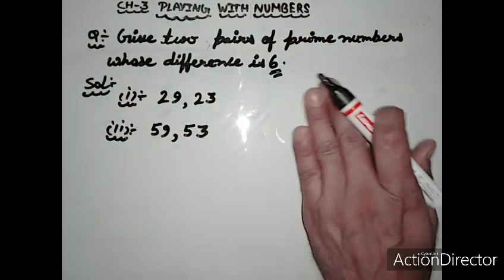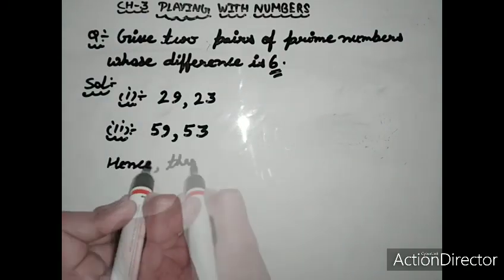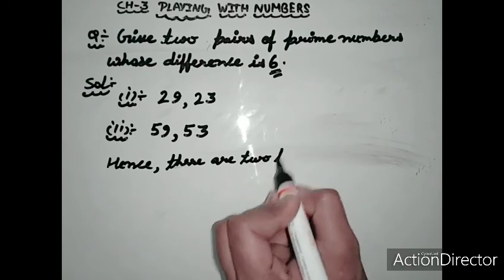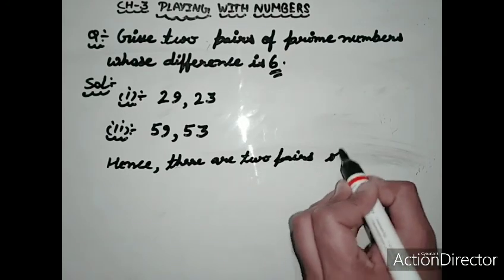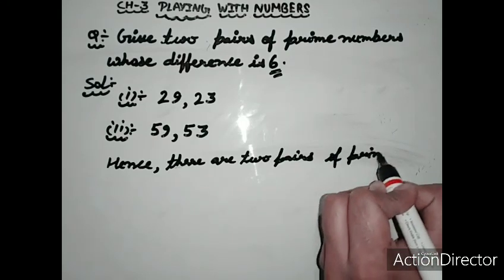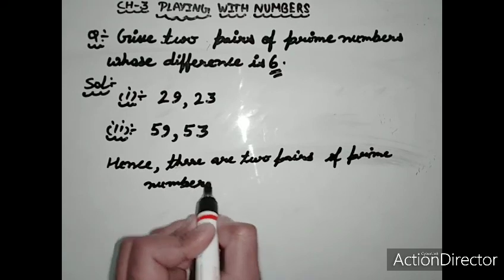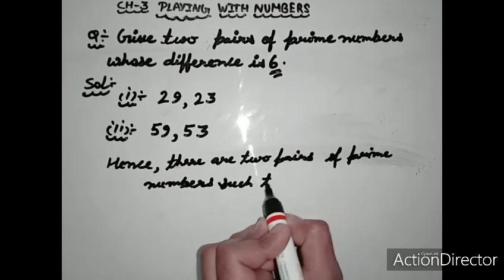So here we say that, hence, there are two pairs of prime numbers of such type.